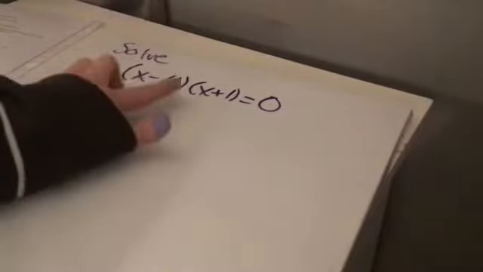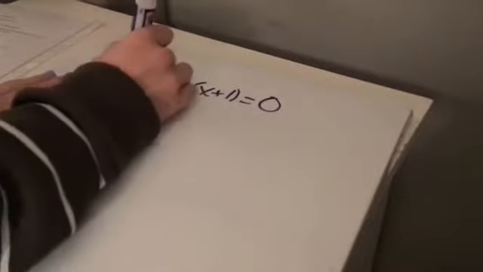All right, so we're looking to solve, right? Solve means find x or y or whatever your variable is. So we're looking to solve x minus 4 times x plus 1 equals 0. Okay, what's a product? It's a product of 2 factors.